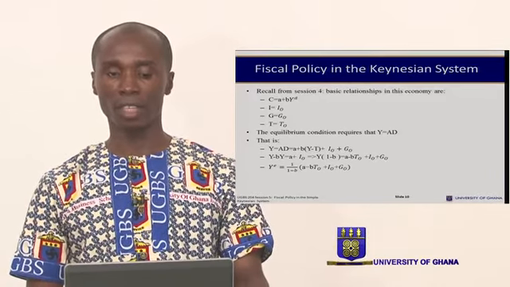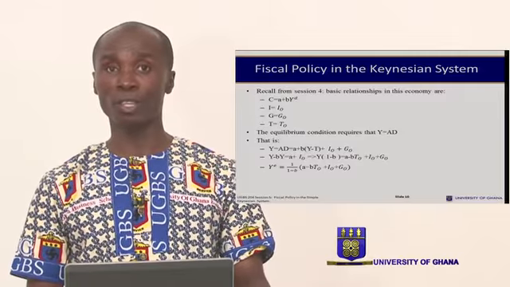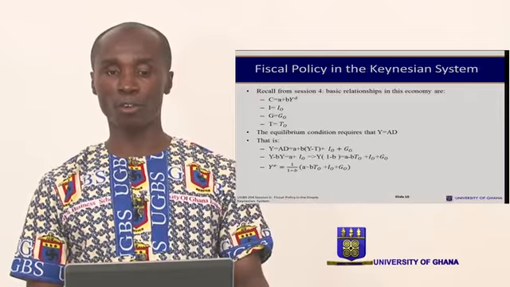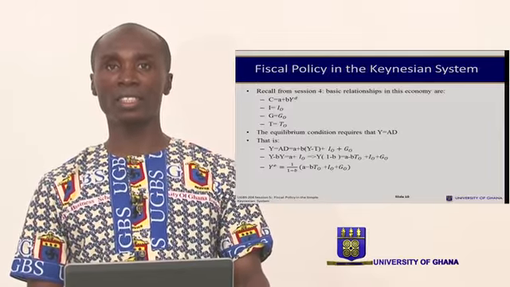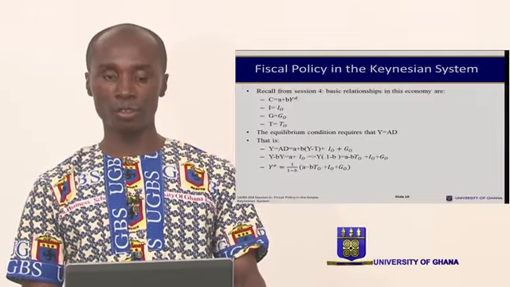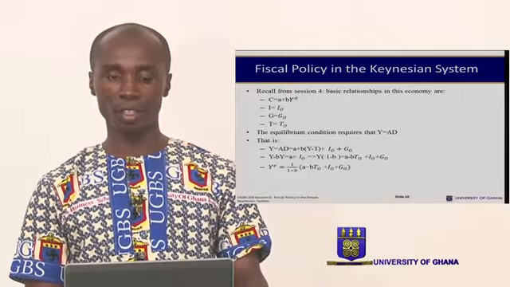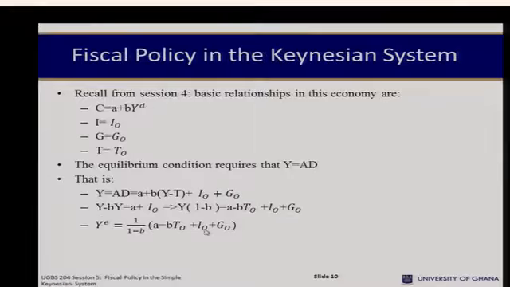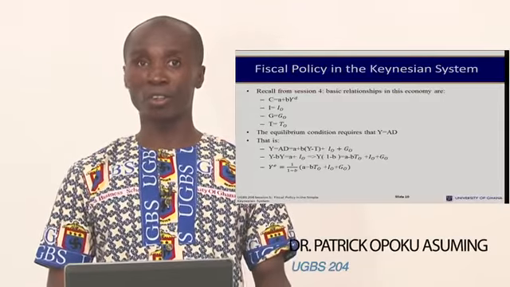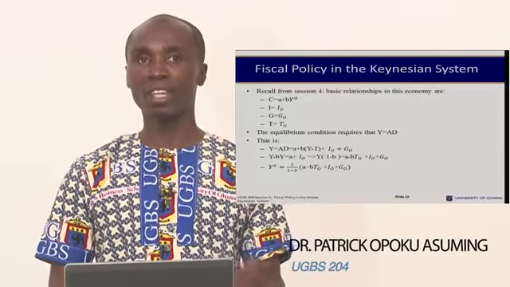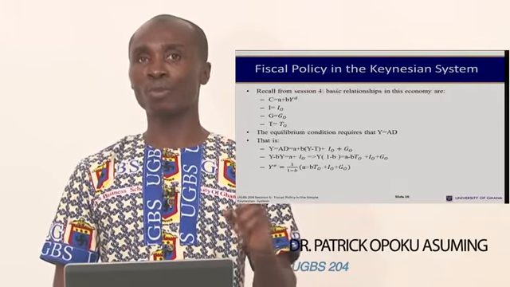But we are trying to recall a concept that we introduced in session 4, that is the autonomous spending multiplier. Essentially, last week we saw that if any of the items that we call autonomous expenditures change, the equilibrium income will change by a multiple of the initial change. And that multiple is what you call the autonomous spending multiplier.